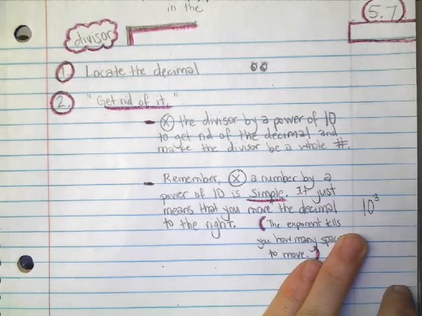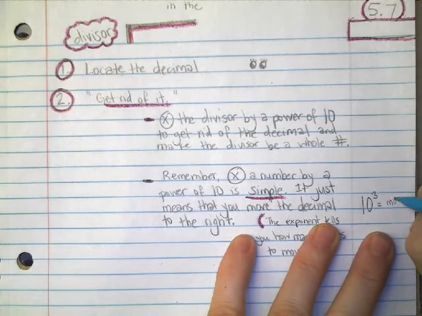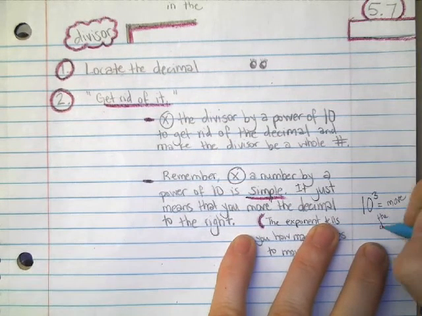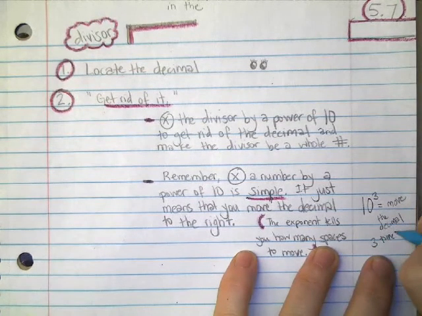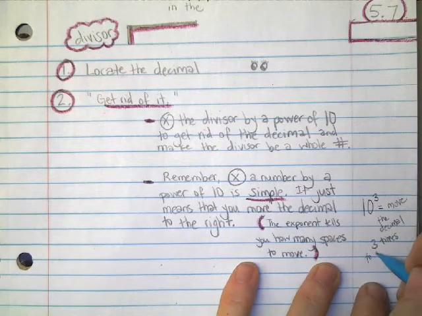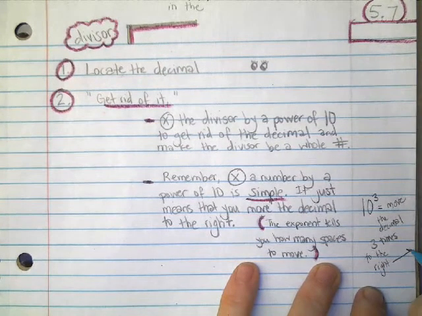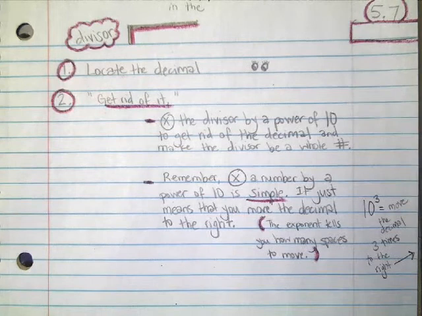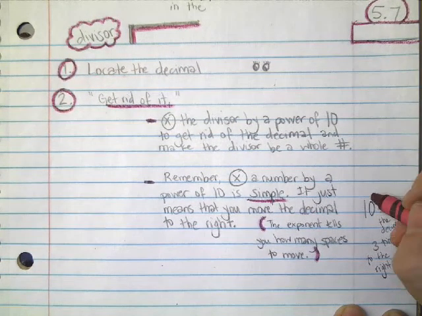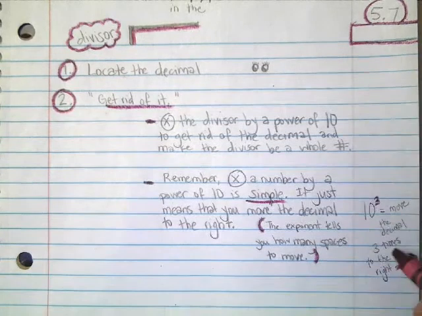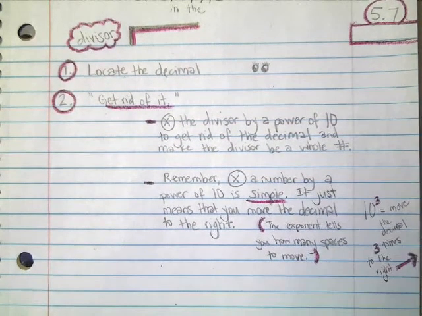So here's an example. 10 to the third would mean you move the decimal 3 times because of that exponent. And which direction do you move it? To the right. I'm going to draw that arrow in this red-violet color. That little baby 3 is why you move it 3 times to the right.